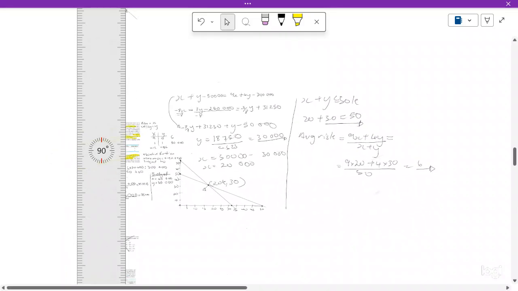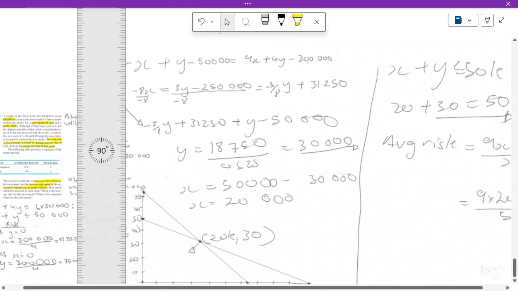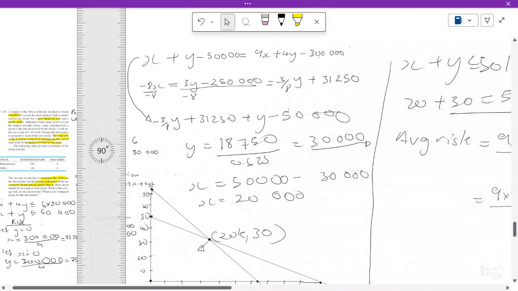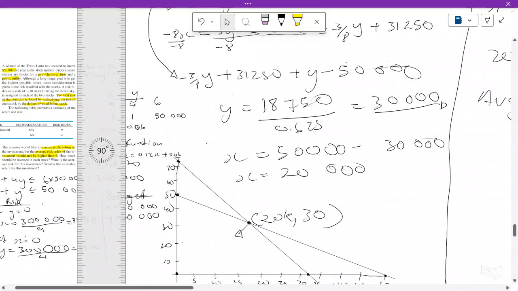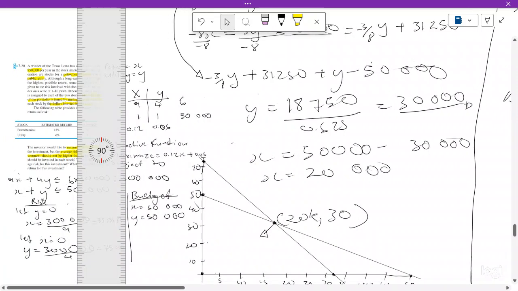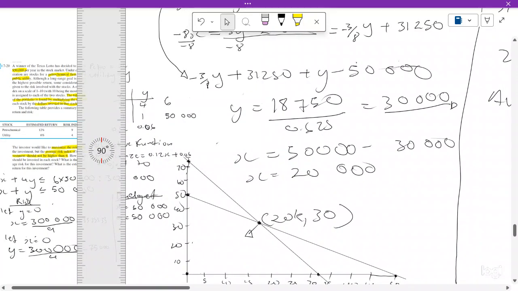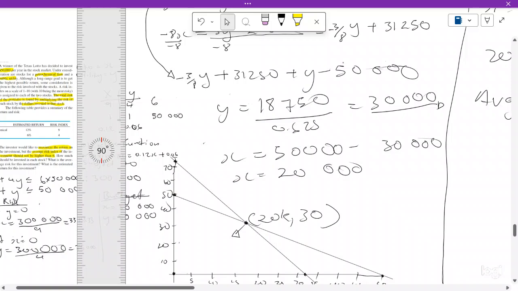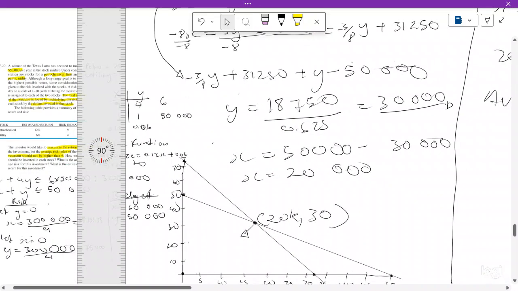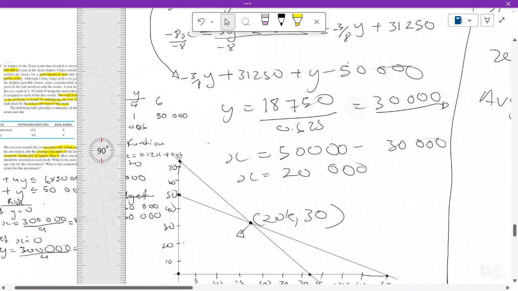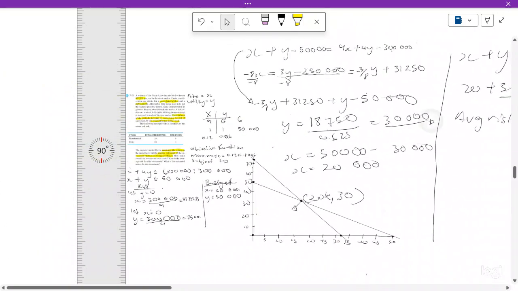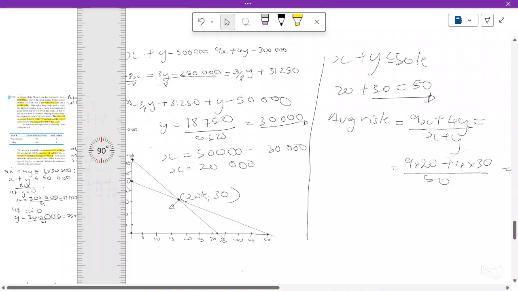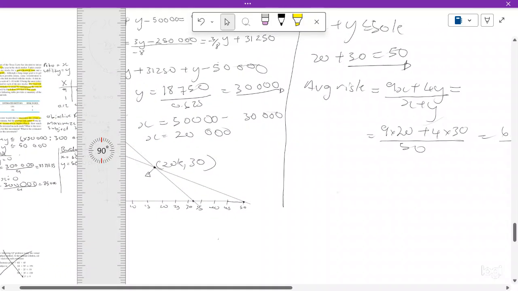So the objective function is maximize profit equals x plus y, subject to the constraints. Then you move right along on the side and write them: 0.36x plus 0.24y is greater or equal to 720.